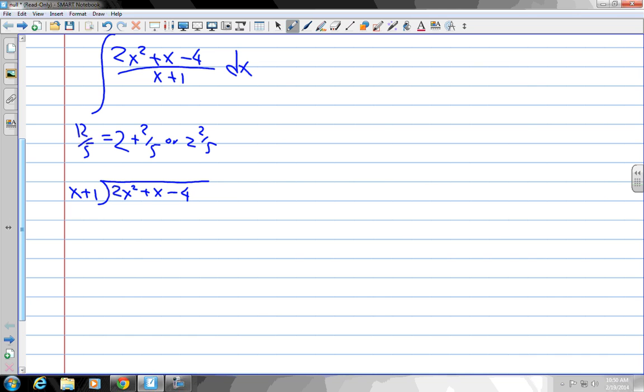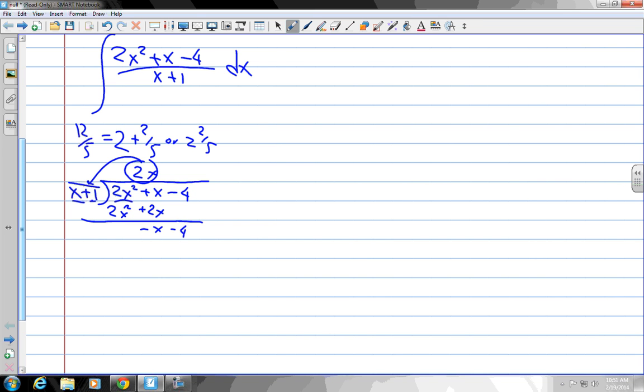How do you divide polynomials? You divide the first terms. 2x squared divided by x is 2x. Then you take 2x and multiply it by the divisor. So this is 2x squared plus 2x. Then you subtract. What happens when you subtract? Negative x.